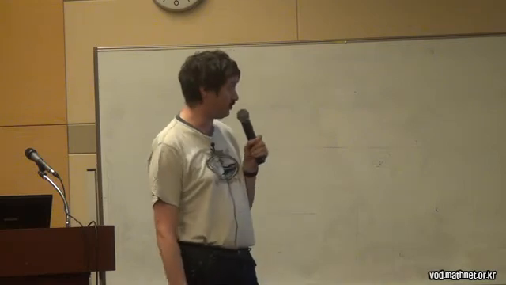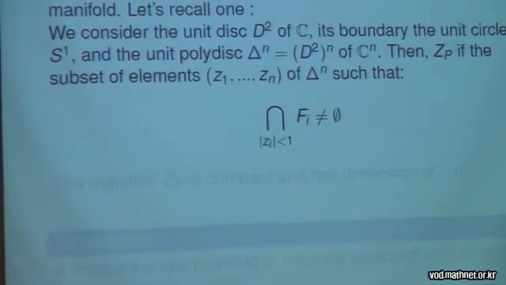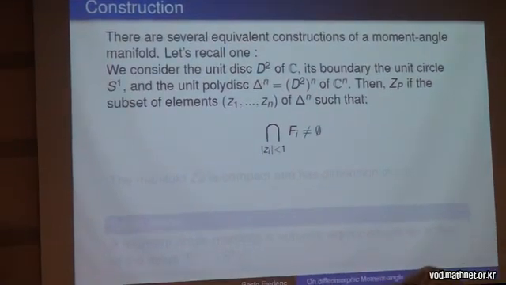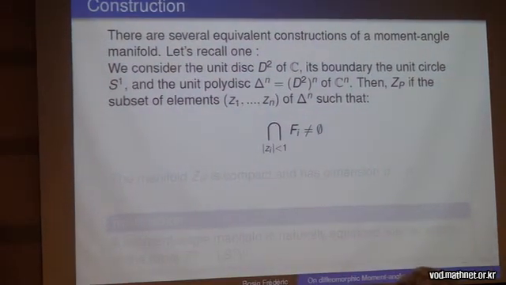And there are several constructions. I won't insist on the construction of moment-angle manifolds. Many other speakers have done that. Just you can see that you take a polydisk, a part of the unit polydisk of Cn, and it is related to the combinatorics of the polytope.